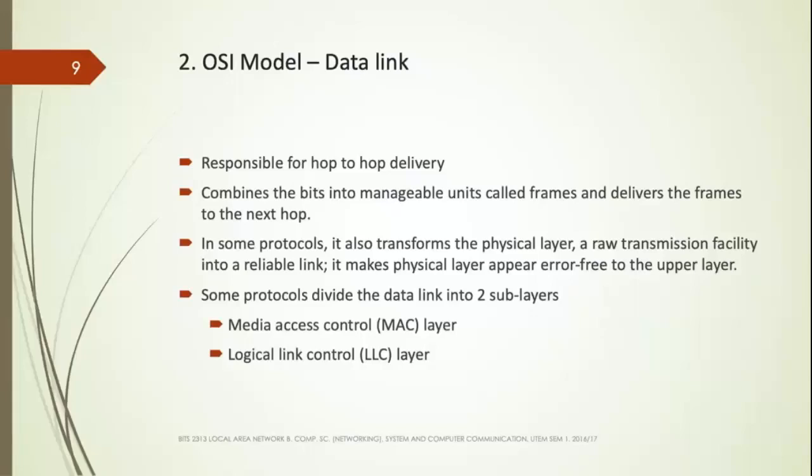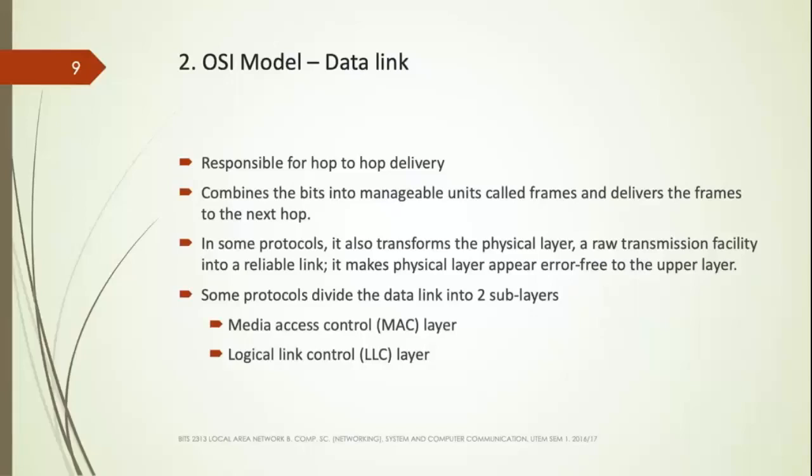That is what we call hop to hop delivery. Hop to hop means from one device to another device. It combines the bits into manageable units called frames and delivers the frame to the next hop. So basically, data 1 and data 2 are being combined, so probably we have different data from the same computer, but it will be sent to different switches.